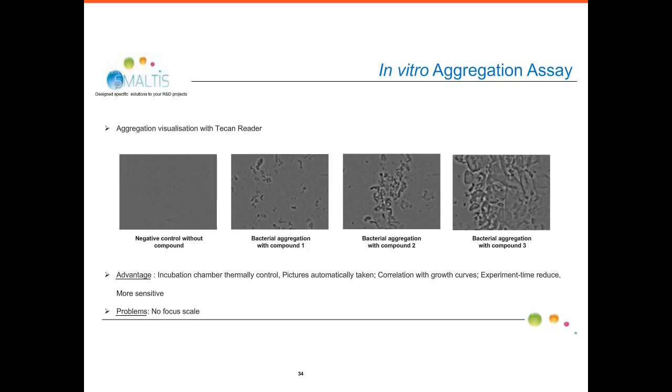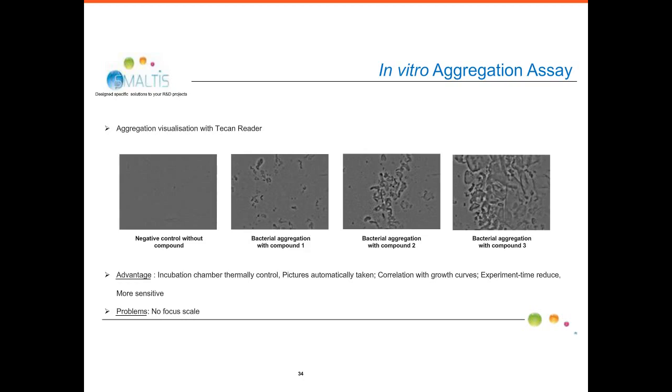And so you can reduce the experiment time and the cost. And of course, you have plenty of points, leading to a better view of the aggregation phenomenon. Moreover, with this device, pictures are always taken at the same point in the wells, and so you have really a better view of the aggregation phenomenon.